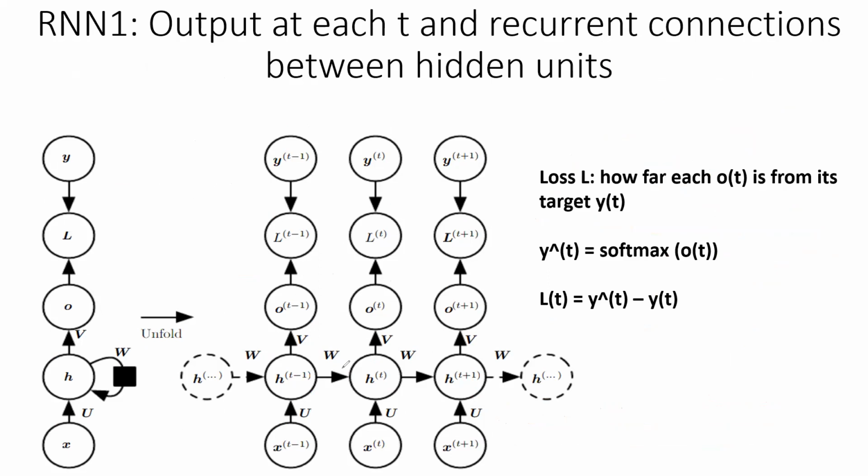The 3 weight matrices that I was talking to you about are U, V, and W. So U is the weight matrix between the input layer and the hidden layer. V is the weight matrix between the hidden layer and the output layer. And W is the weight matrix between the hidden layer and the next hidden layer. And these three weight matrices are being shared across each timestamp. They are exactly the same.